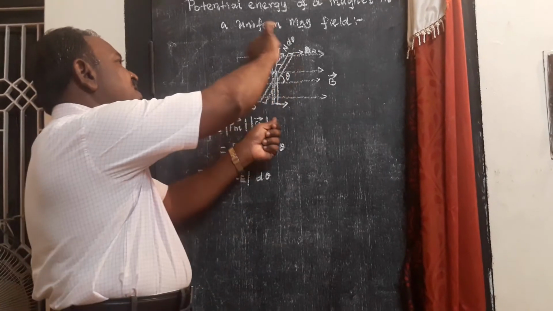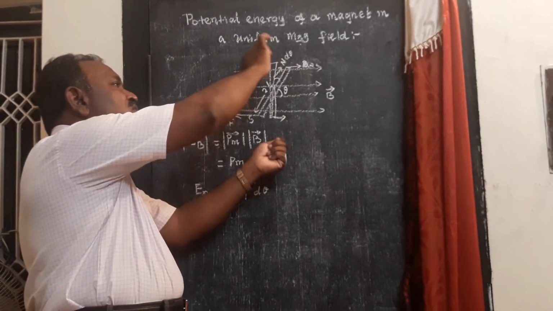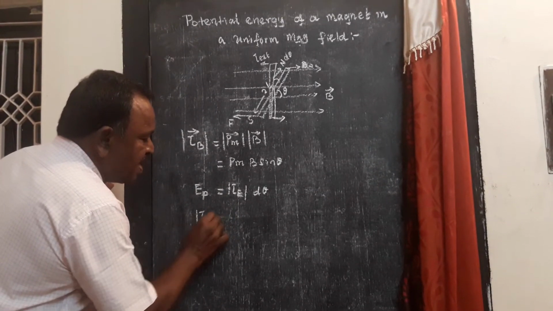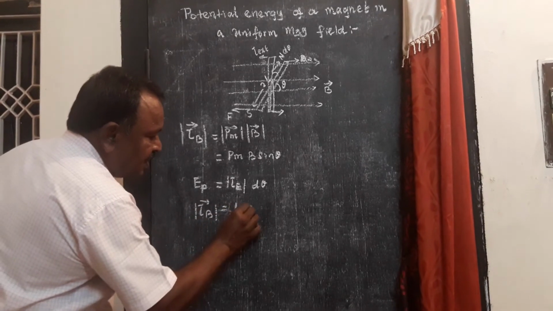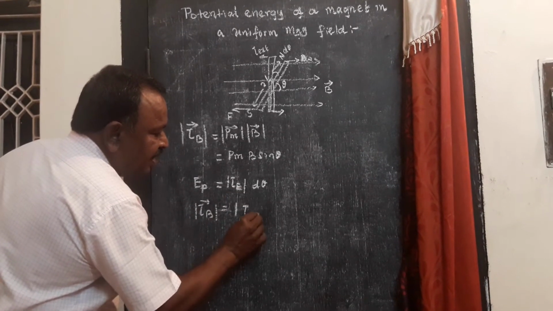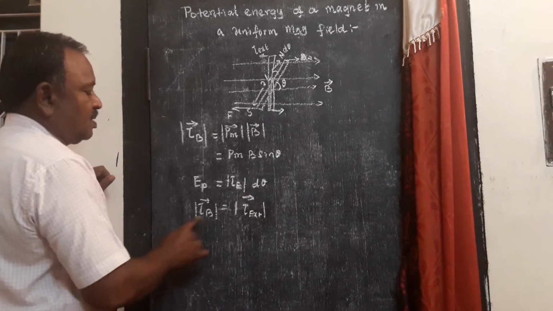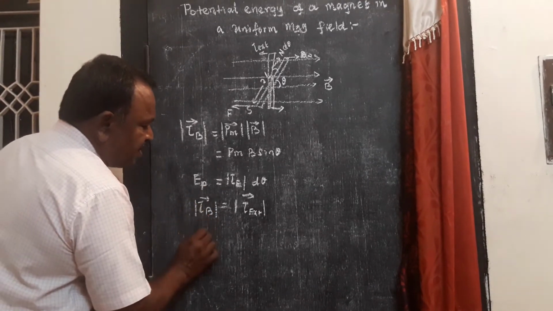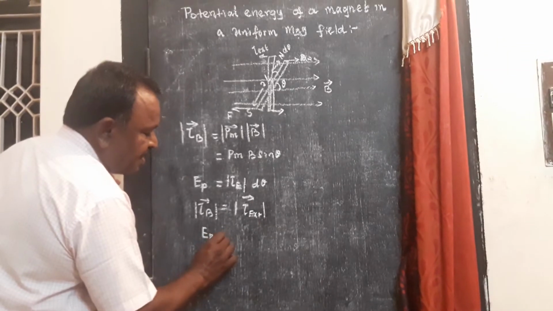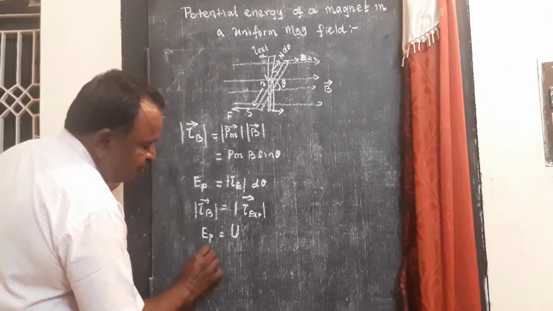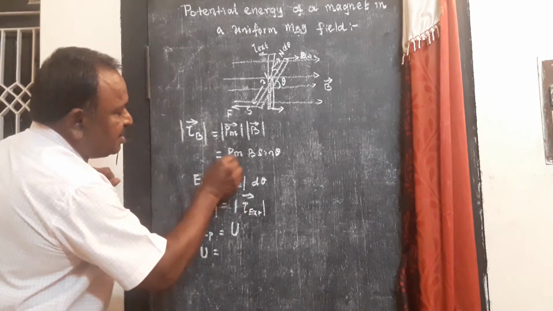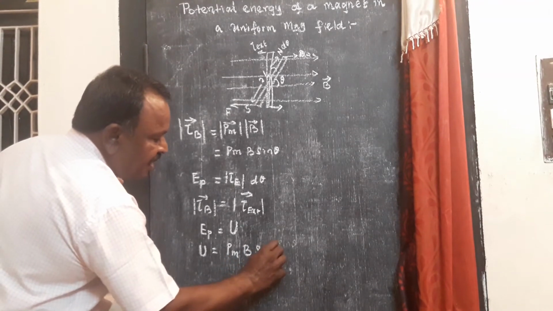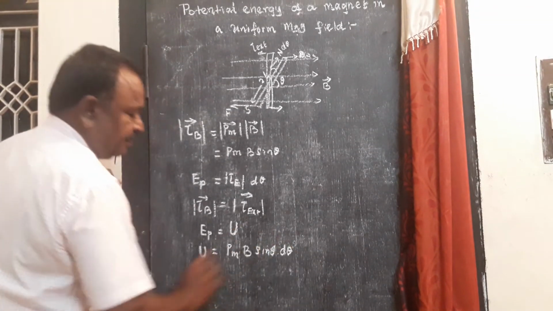When the magnet is rotated with a constant angular velocity, tau B is equal to tau external. So substituting this value in this expression, we will have the potential energy. This Ep can also be given by U. So this U is equal to tau external, that is Pm B sin theta into d theta.